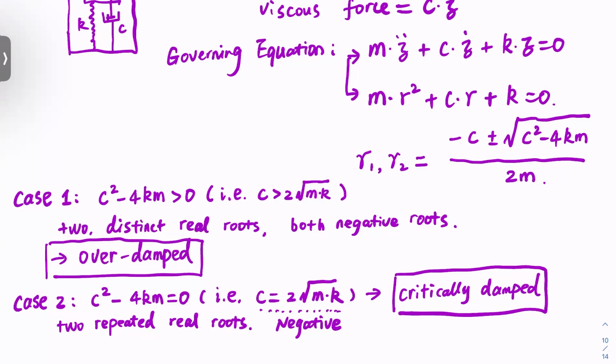And when it's critically damped, that coefficient we want to use as c sub c, and we will use that as a benchmark a little bit later, okay? That critical damped c sub c is what? Would you agree that this is 2 square root mk, right? Because in this case, c squared is 4mk. So that c sub c is 2 square root mk.